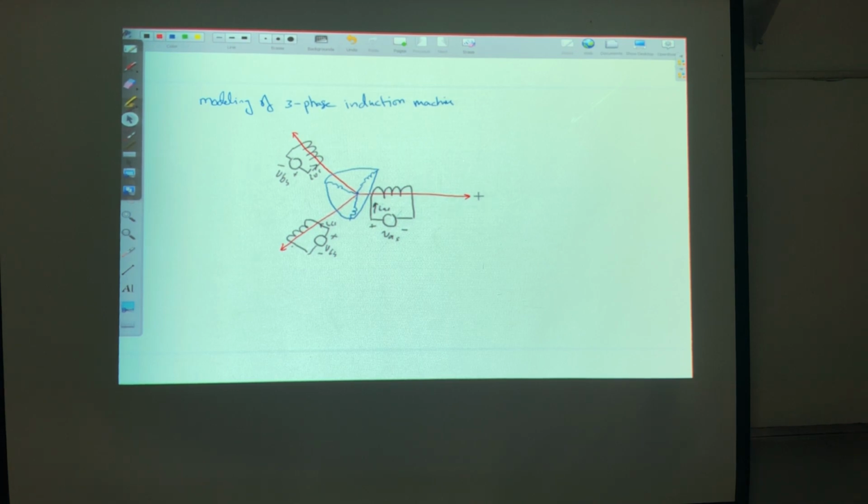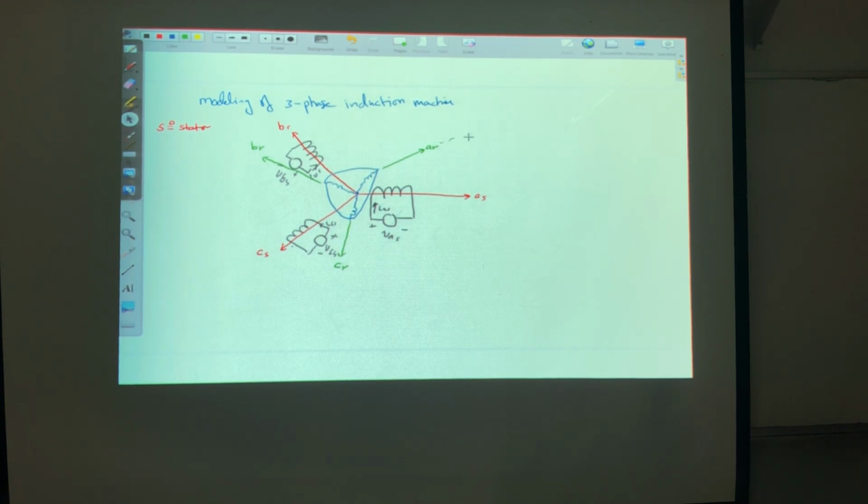So here, this will be the AS, this will be the BS, and this will be the CS. Now here, S stands for stator. In the same fashion, this will be the AR, this will be the BR, and this will be the CR.